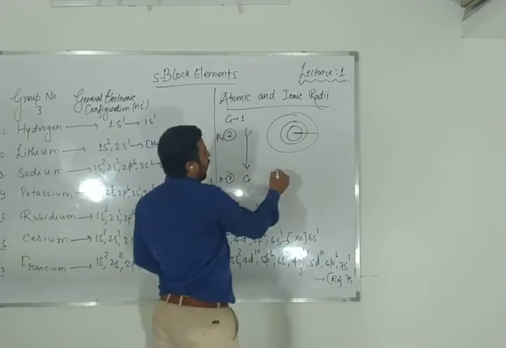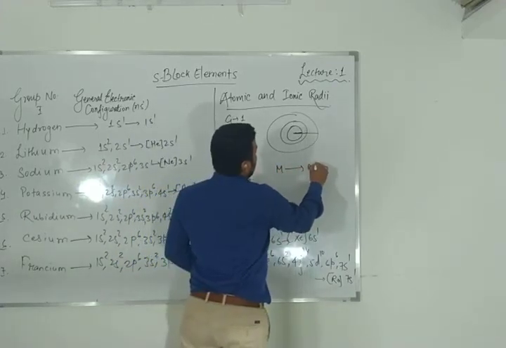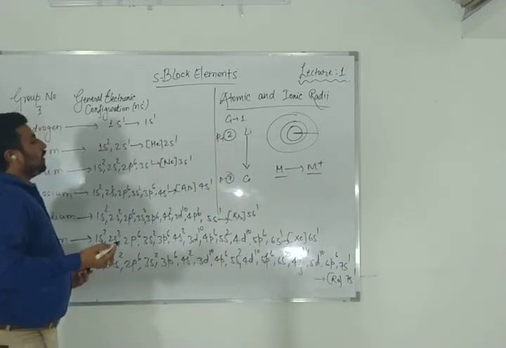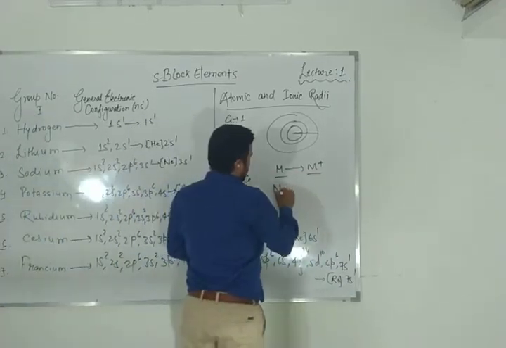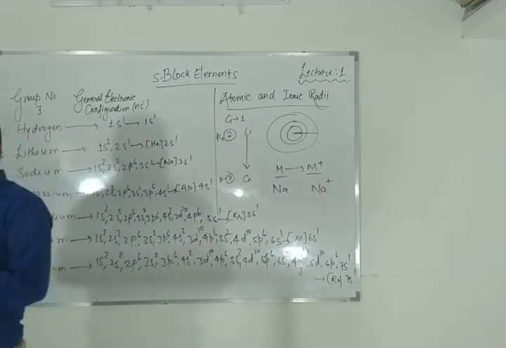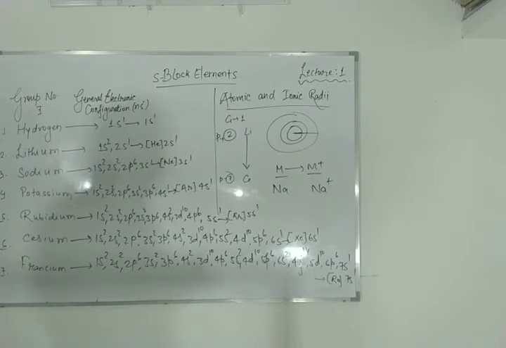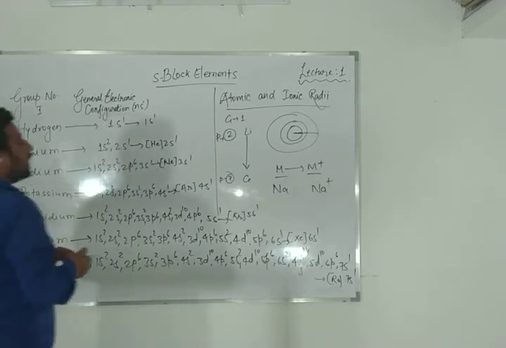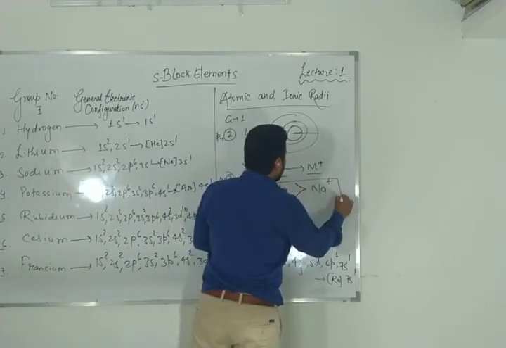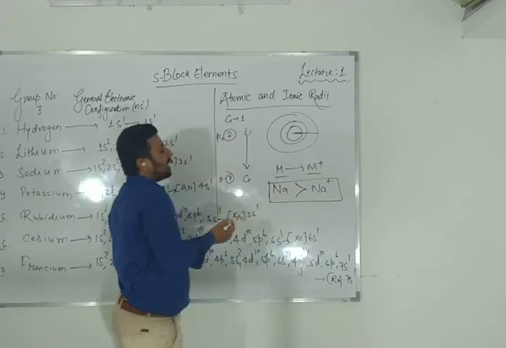If I talk about metal and metal plus, whose atomic size will be greater? Can you tell me? Sodium or sodium plus? Just compare and tell me whose size will be greater. The monovalent ions are smaller than the parent, so sodium size will be greater, because as sodium loses one electron, its size decreases.